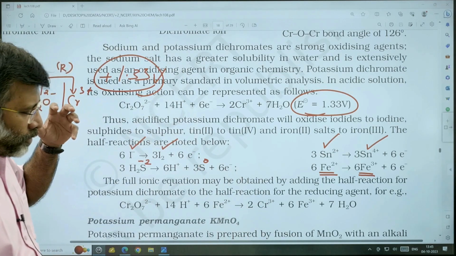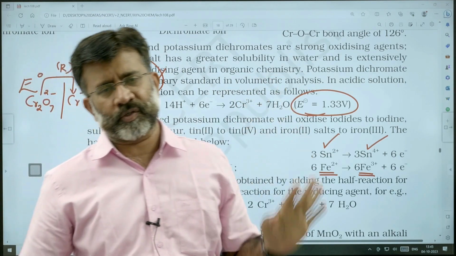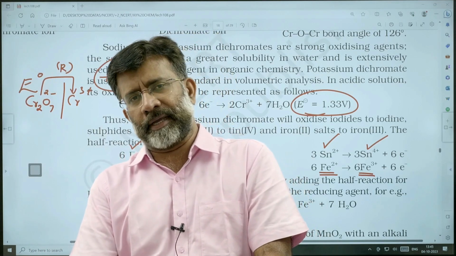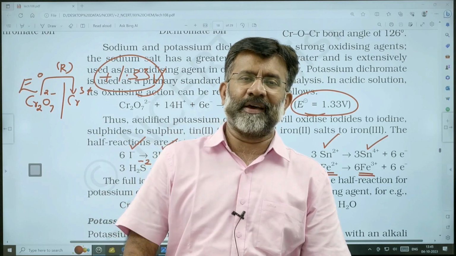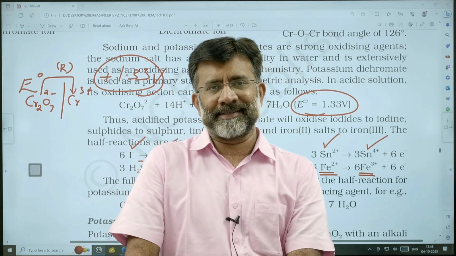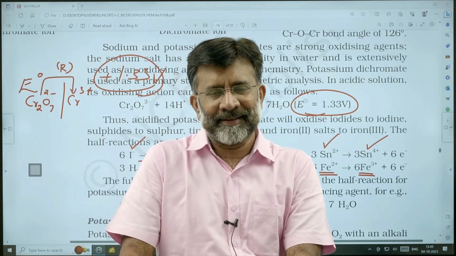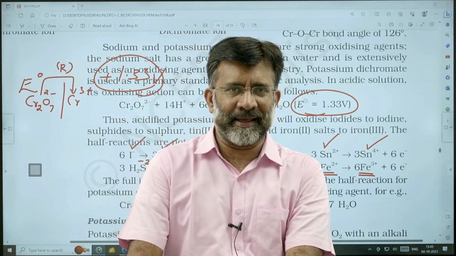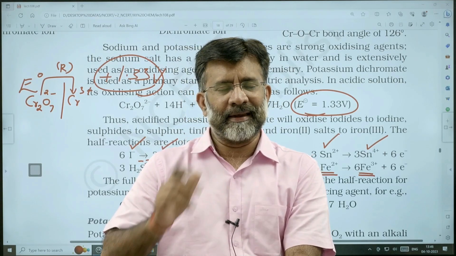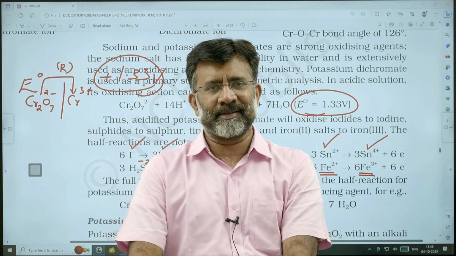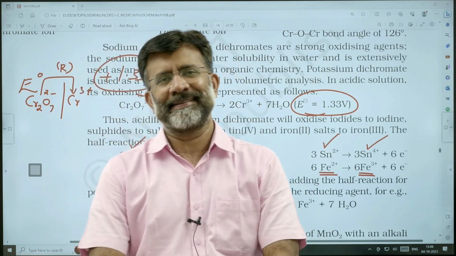So try to study the various redox reactions involving potassium dichromate, including the stoichiometric problems which we encounter in this area. What is a stoichiometric problem? Many times you might have seen a problem like how many moles of potassium dichromate are needed for the complete oxidation of 1 mole of ferrous oxalate.